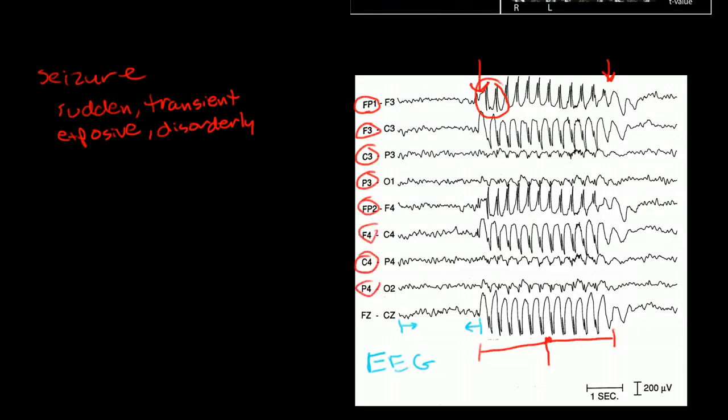So pretty much all the electrodes are demonstrating the seizure. So I'm going to talk about the types of seizures. A generalized seizure is a seizure that involves both hemispheres. So you're going to see it in electrodes on both sides of the brain.